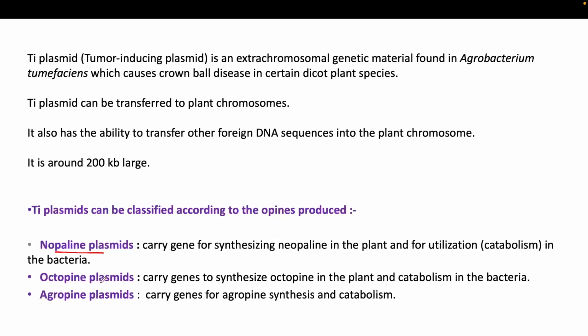If it produces octopine, it is called an octopine plasmid. And if it produces agropine, it is called an agropine plasmid. These three are the most common types of opine synthesizing TI plasmid, though there are other varieties as well.